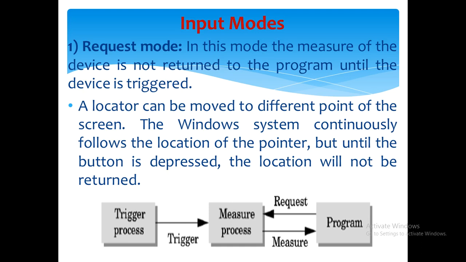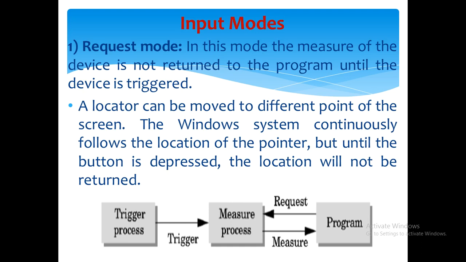If you don't press the enter key, even though you have given all inputs, all characters of your name, but you have forgotten to press enter, definitely that measure will not be taken into your application. Only once you press the enter key will that measure go to your application. This is what request mode, right?